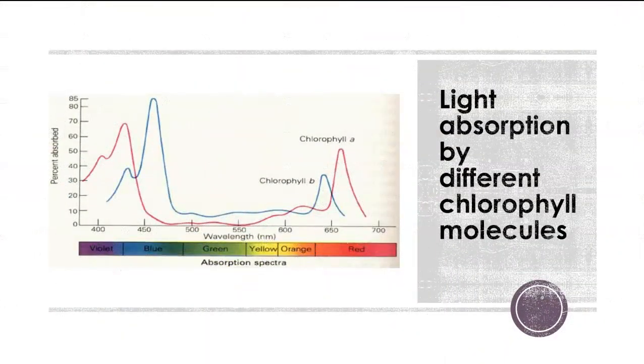So you will remember the absorption spectra that you saw back in 2.9, showing those different wavelengths and those higher absorption rates. Also, in this graph here, you can see the difference between chlorophyll A and chlorophyll B, just with slightly different absorption rates.